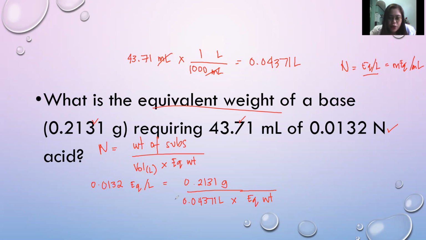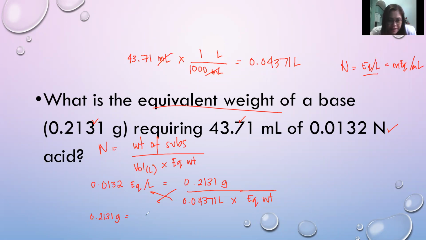Okay? So, the next thing to do is cross multiplication, so that we remove the other parts of the formula. So with cross multiplication, class, you will have 0.2131 grams here.